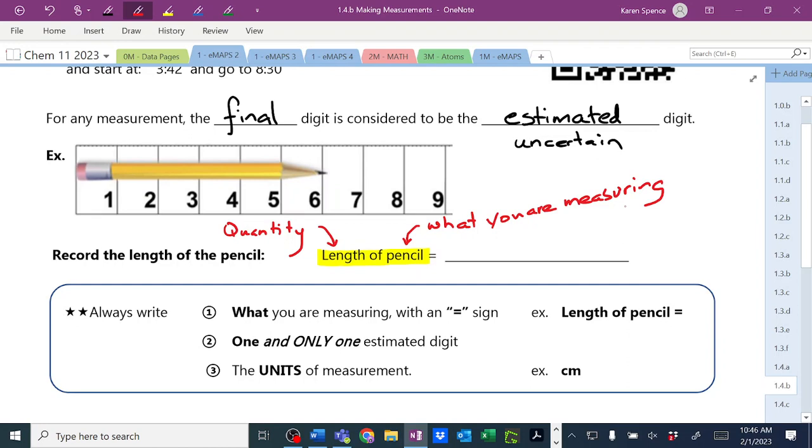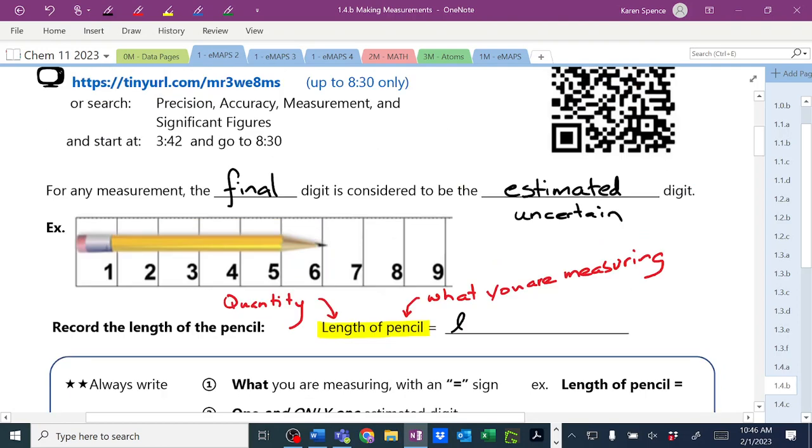If you wanted to abbreviate length of a pencil, what letter could you use for length? L. Okay, so another way of writing that, we could write L, and then we could use subscripts. Do you guys know what subscripts are?